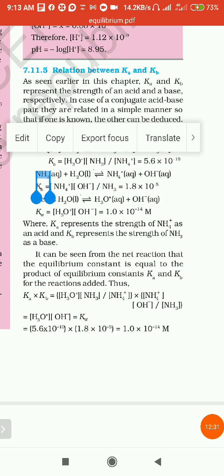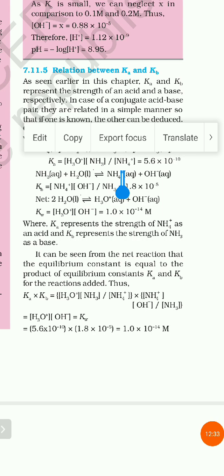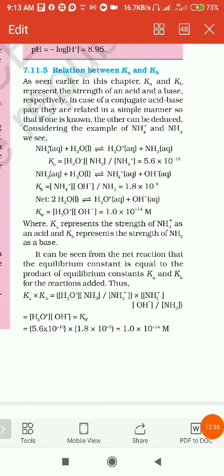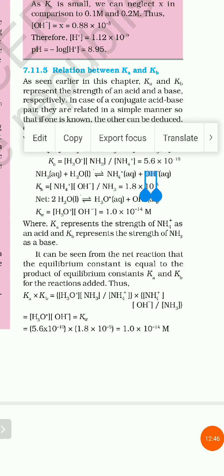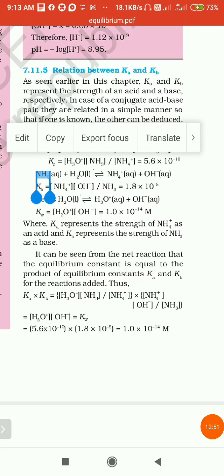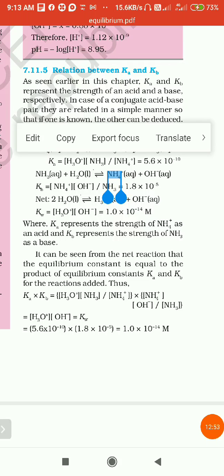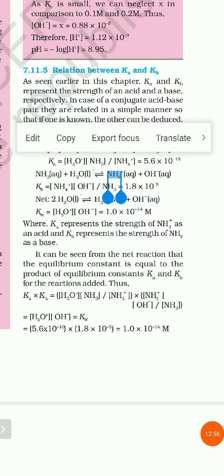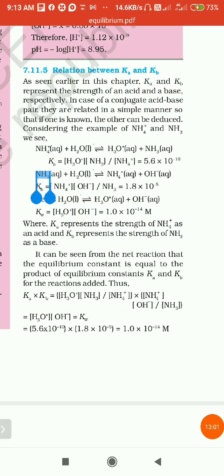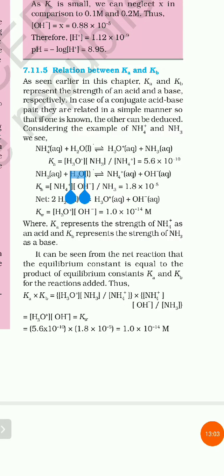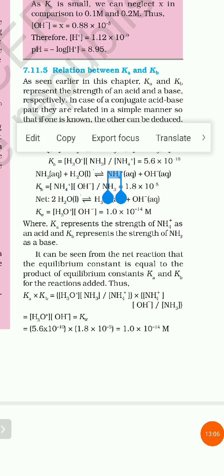Now NH3 will be converted into NH4 plus. An acid is nothing but something that produces H plus ions. A base is nothing but something that produces OH minus ions. Therefore NH3, ammonia, reacts with a water molecule to give NH4 plus ion and OH minus ion.